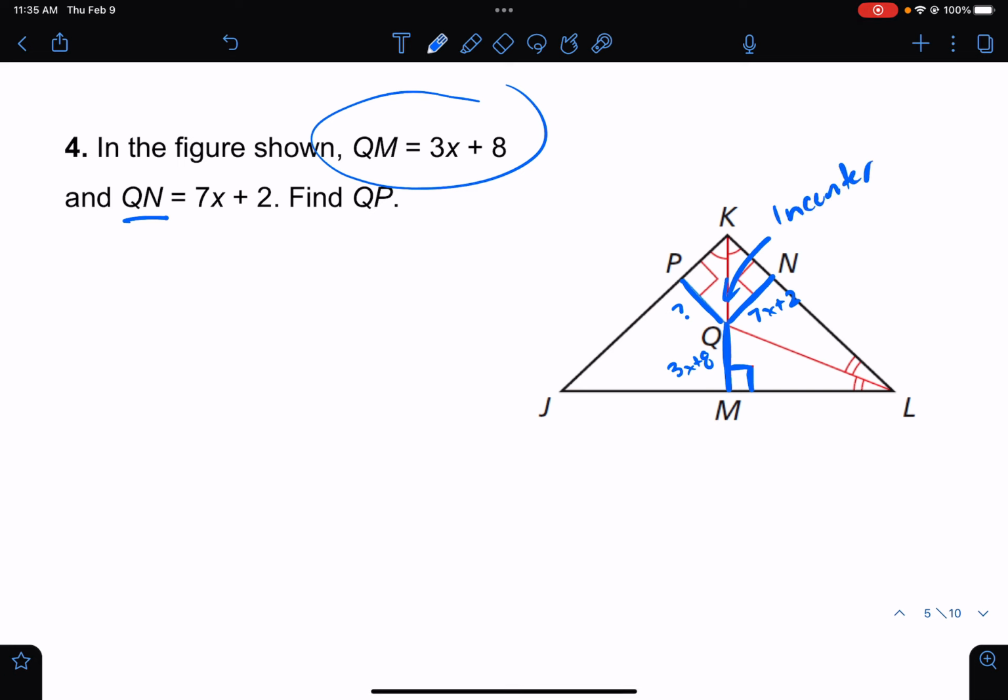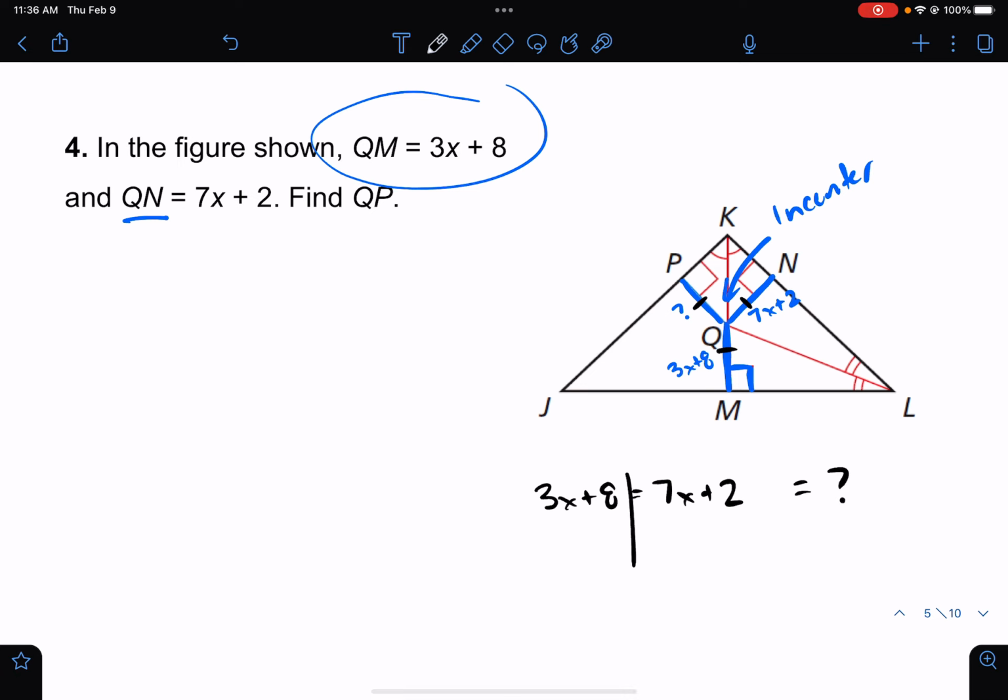Now I know enough information to do some math with it because the incenter is the same distance from the sides of the triangle. So that means that this length is the same as this length, which is the same as the length that I'm looking for. So 3x plus 8 is equal to 7x plus 2, which is equal to the side that I don't know.